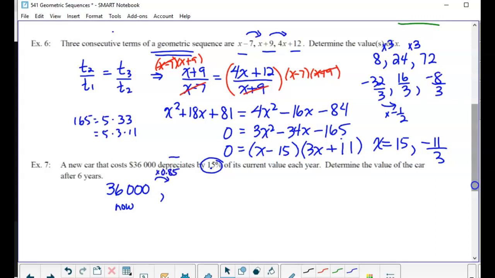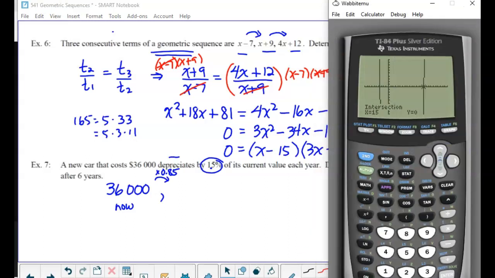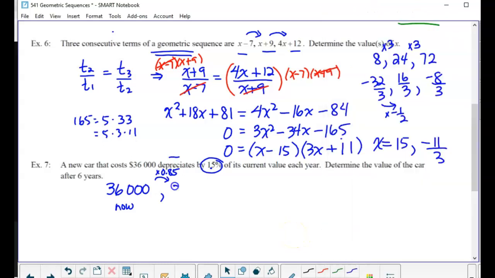That means it's still worth 85% of what it was. So 36,000 times 85% is 30,600.